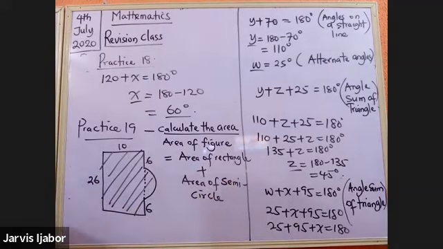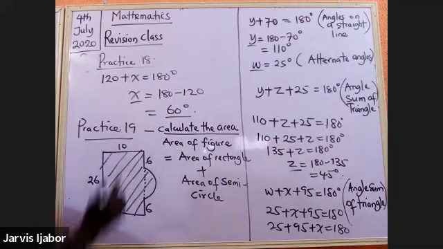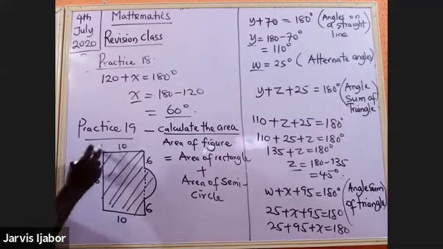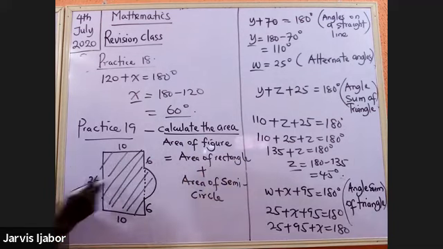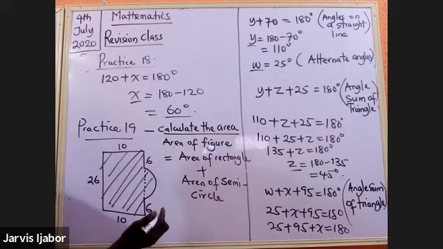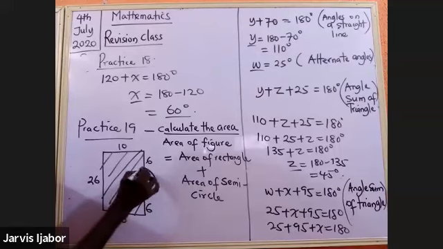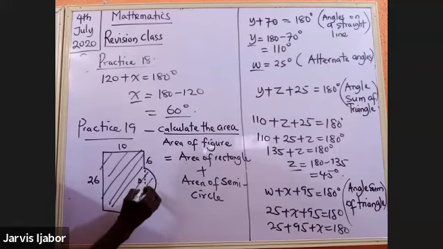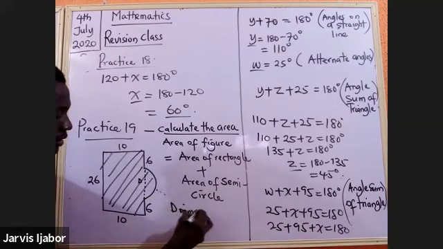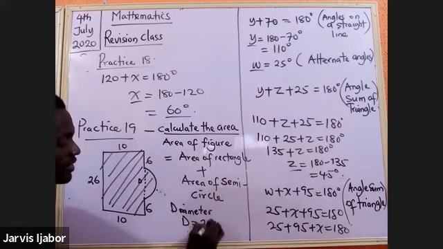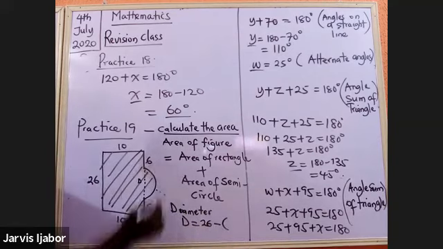Now, if you watch this, this is 10, this will also be 10. From here to here is 26. Now, if I remove 26 from here, I'm going to get that what will be left to be 14. So this length here, which is your diameter, D, is actually what? 26 minus 6 plus 6.